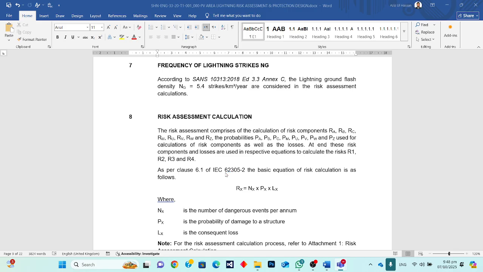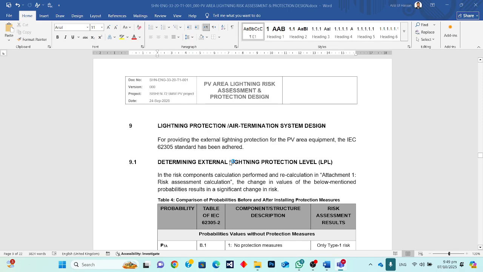Like RA is equal to NA, PA, and LA. So X is used for the same purpose, and N is the number of dangerous events per annum. We have to calculate these values. The IEC standard will give us the formula for this calculation, and I will tell you how we will calculate it. And then the probability of damage to the structure, and the losses. So this is the process we have to follow.